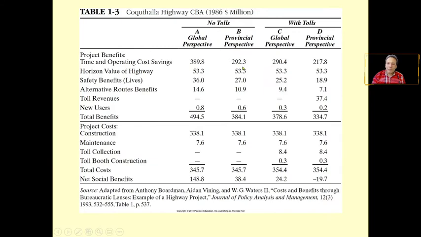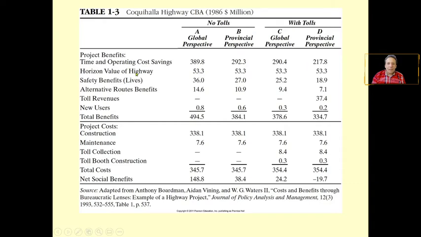From the global perspective with tolls, we see that the benefit decreases, and the benefit decreases as well from the provincial perspective. So the time and operating cost savings are actually lower with tolls.